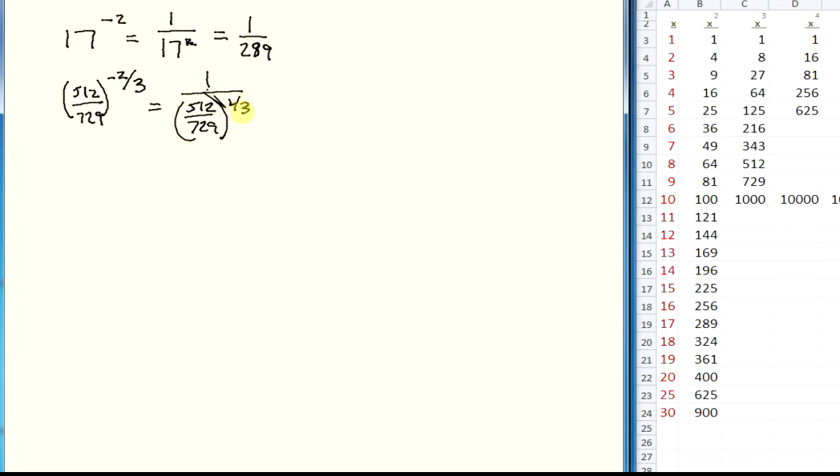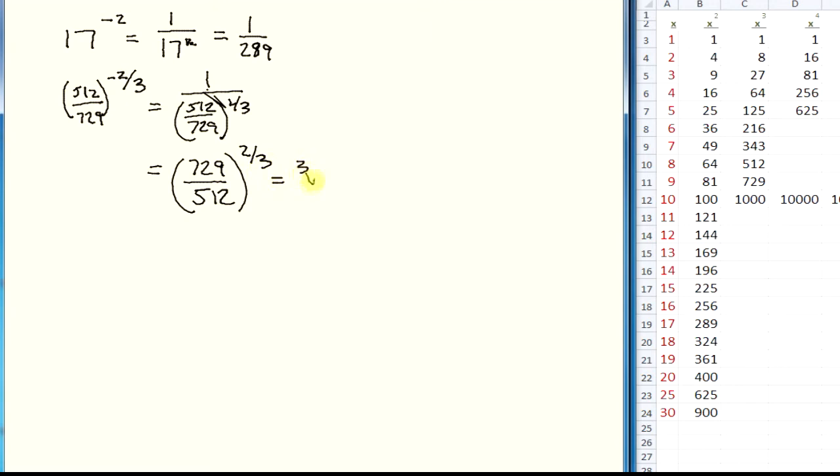Well, I have a slightly different approach. Since 512 is going to end up being in the denominator, and 729 eventually is going to come to the numerator because we will be multiplying by the reciprocal, I personally think it's easier to write 729 over 512 first. Now, instead of talking about a -2/3, talk about a +2/3.